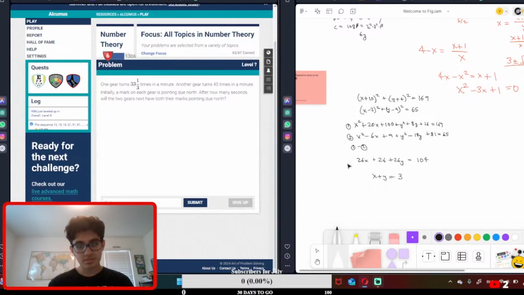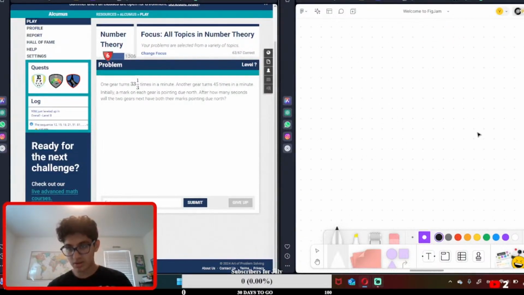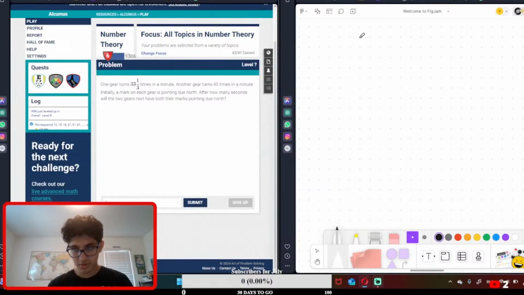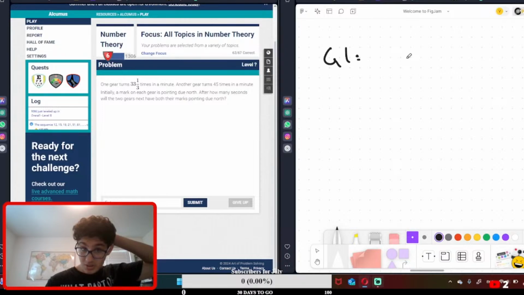So let's just do it in how many seconds does it take for one turn of a gear? Right, so for gear one, we have 33 and one third, which means it's 100 over 3, which means it takes 1.8 seconds.